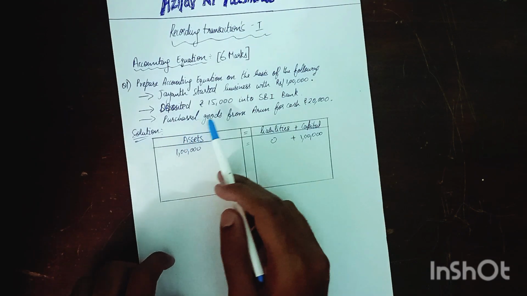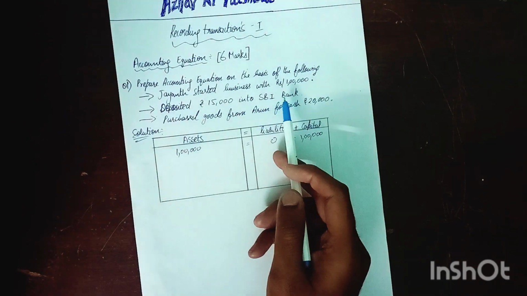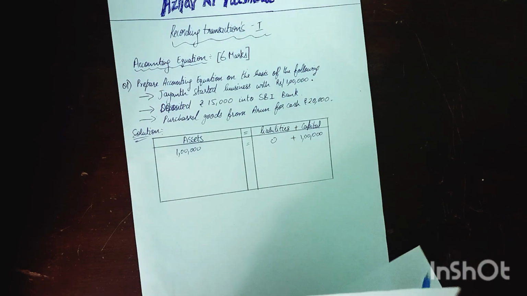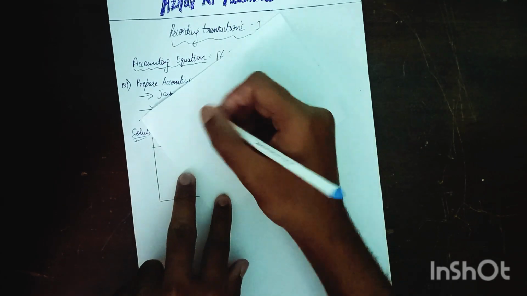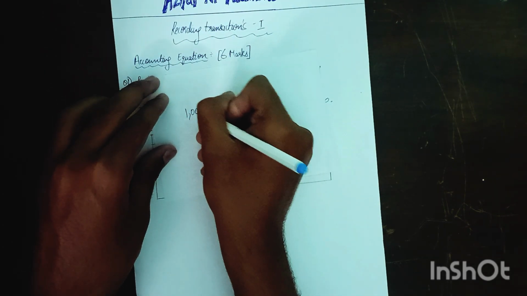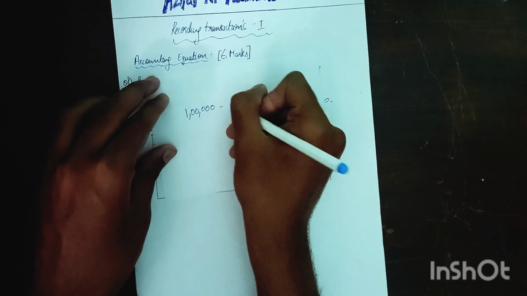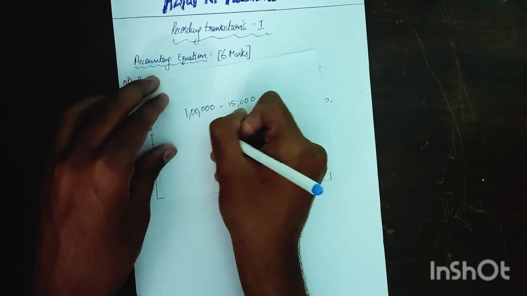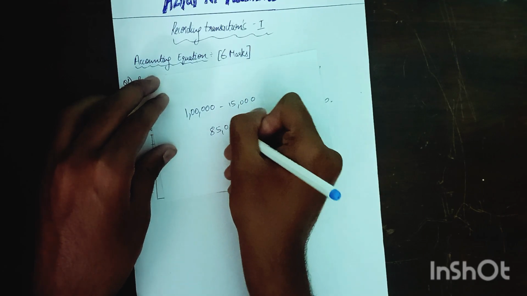So cash is put into the business, so it's capital. Okay, the next one, deposit 15,000 into SBI bank. What we are going to do is first write 1 lakh minus 15,000, it's 85,000.